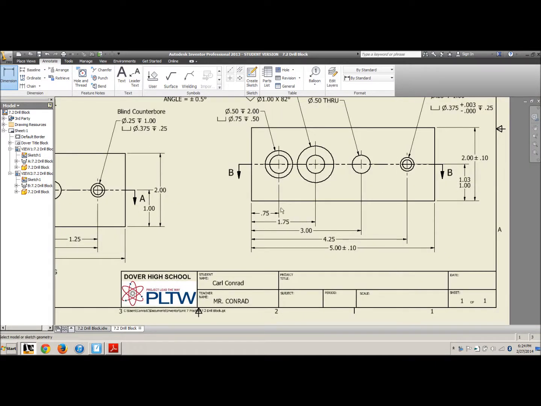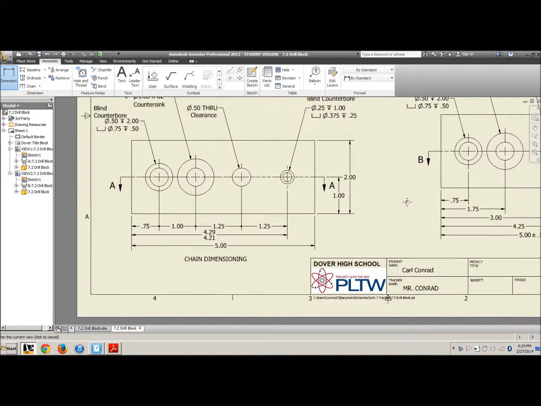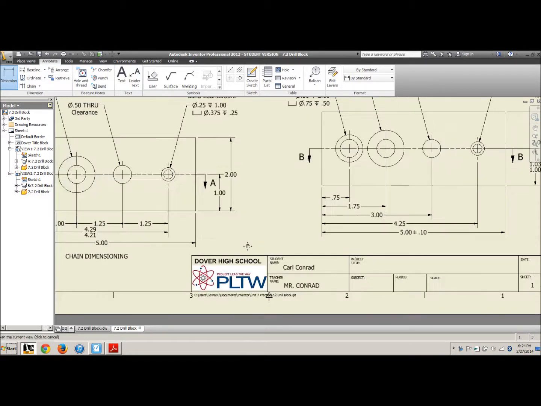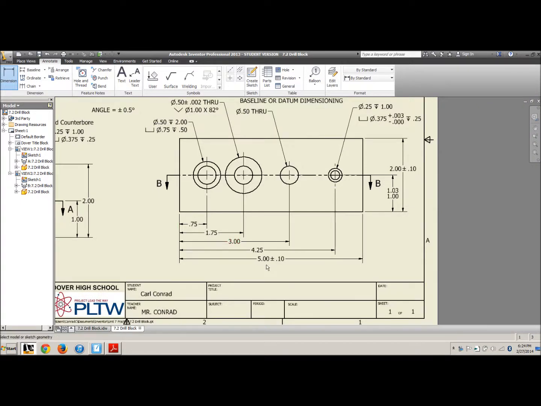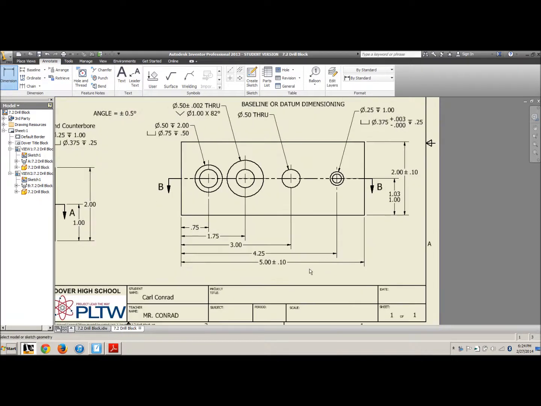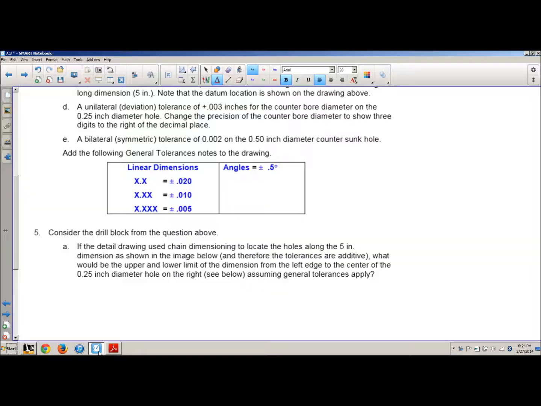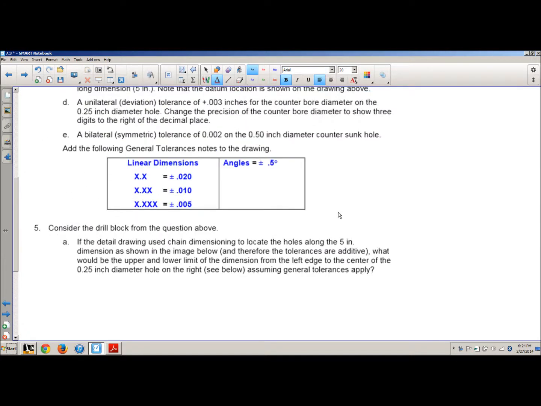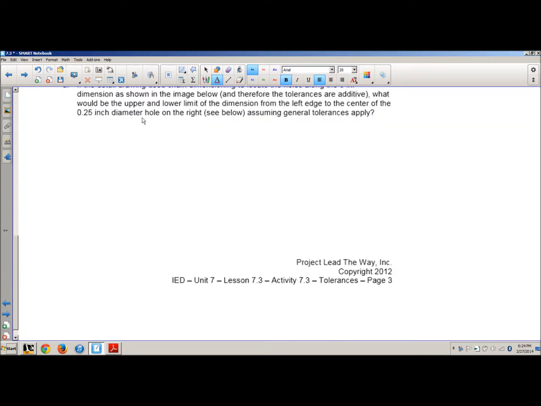On the other hand, and again, that's because the tolerances build up with chaining. On the other hand, if you do datum dimensioning, what's allowed by the general tolerance note is 1,000ths of an inch difference. So of course that's, I think, what the next question asks about. Oh, and I don't have this in this drawing.